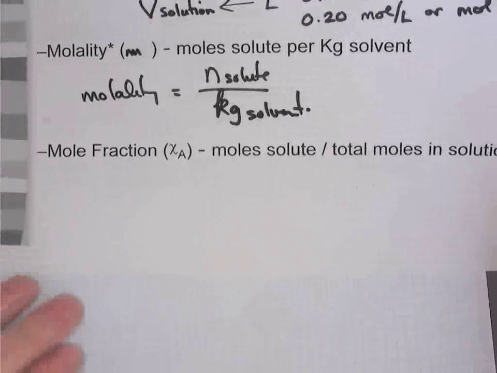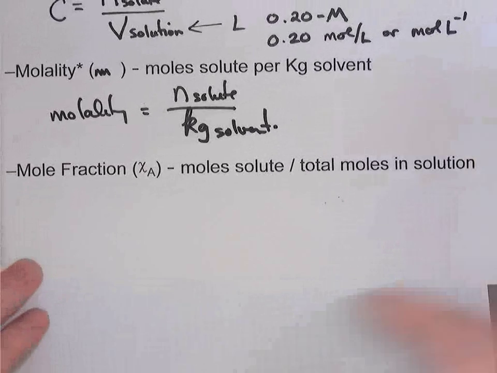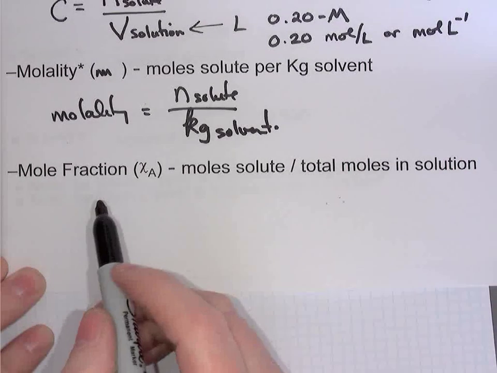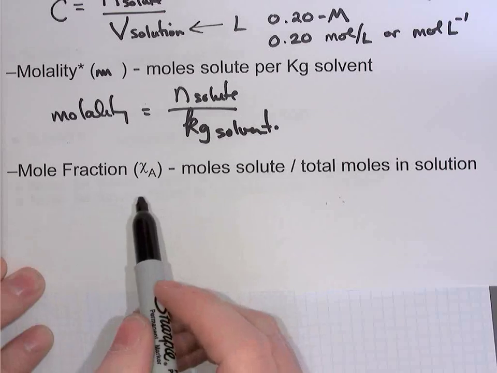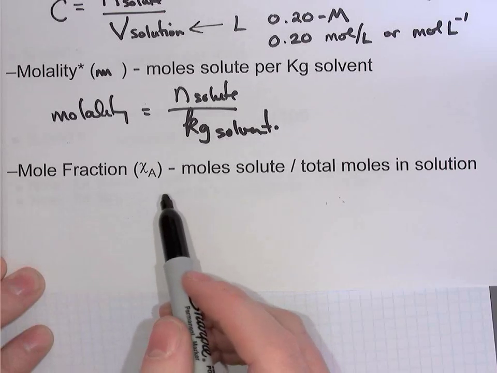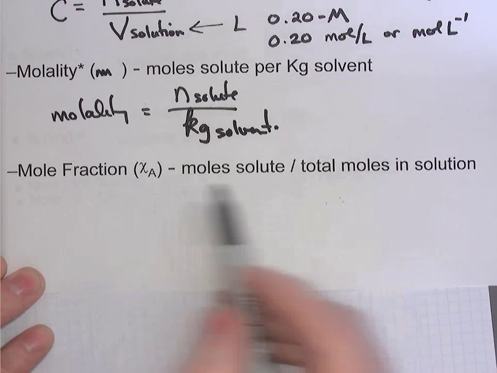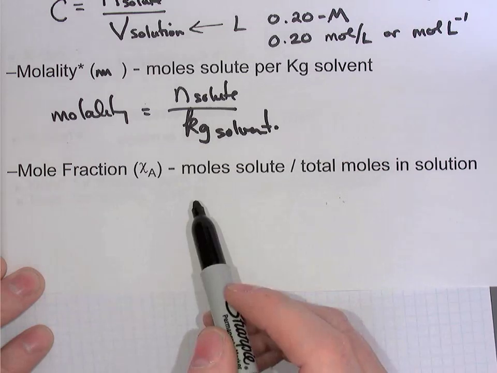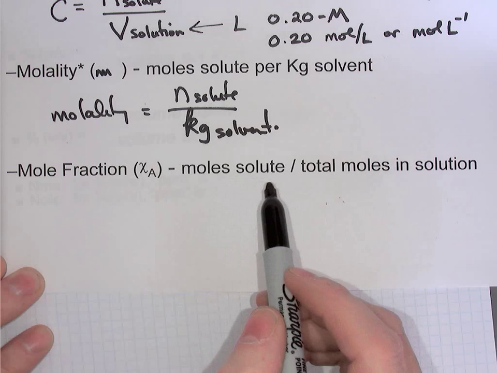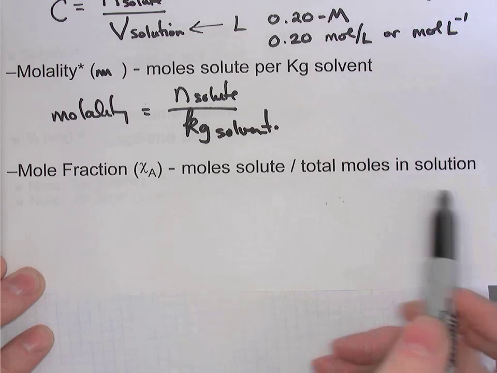Alright, and another unit of concentration, very familiar. We've used this one in our gases unit before. Mole fraction can refer to either the solute or the solvent. Here I'm describing the mole fraction of the solute. It's the moles of solute divided by the total moles in solution.